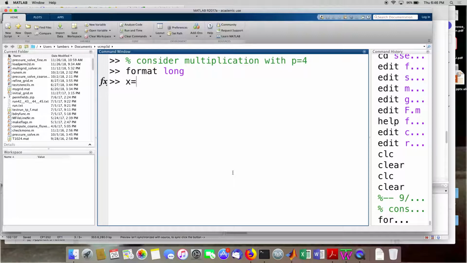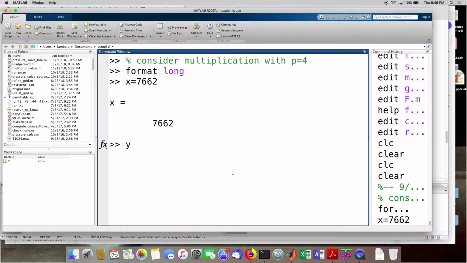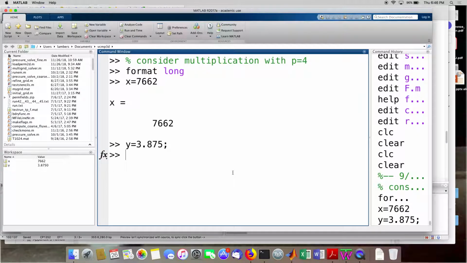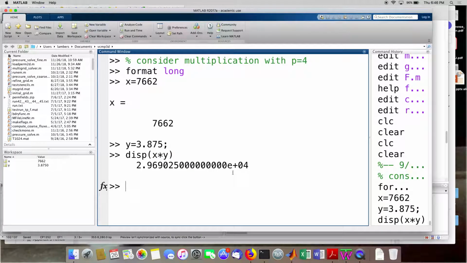So first I'll make up a number of 4 significant digits. So 7662. And then y will be another random number, different magnitude, but also 4 significant digits. So then what happens if I go ahead and just multiply them? Okay, so what do we have here?